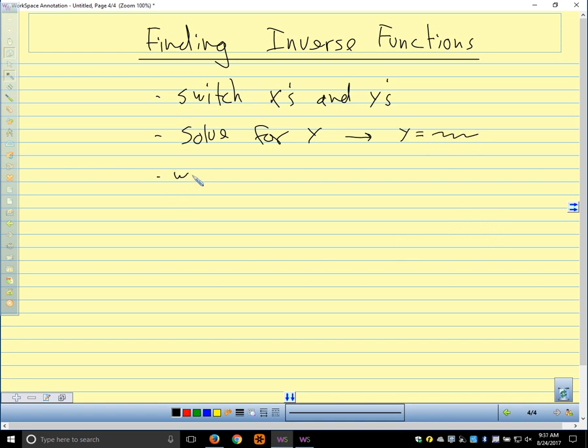And then we write f inverse of x equals something. So instead of y equals, we just write f inverse, just to note that we're saying that function is the inverse of the other function.